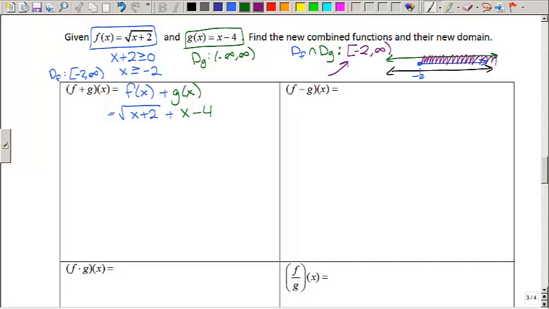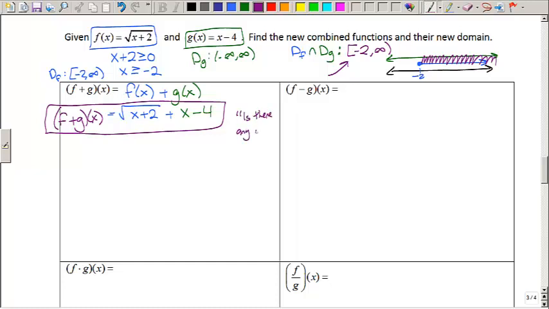Notice there's no combining left to do here, so my function f plus g of x is simply the square root of x plus 2, plus x minus 4. My question is, are there any new excluded values?